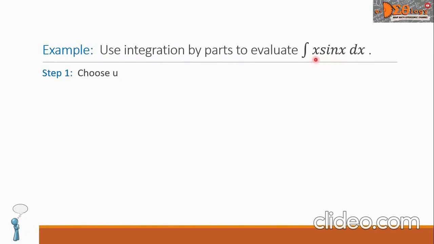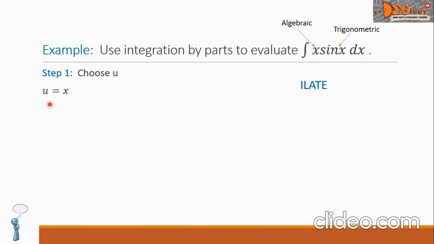The first function x is algebraic, while the second function sine x is trigonometric. With respect to our acronym ILATE, the letter A that stands for algebraic comes first, then the T that stands for trigonometric. So we will take the u to be that algebraic, which is x.